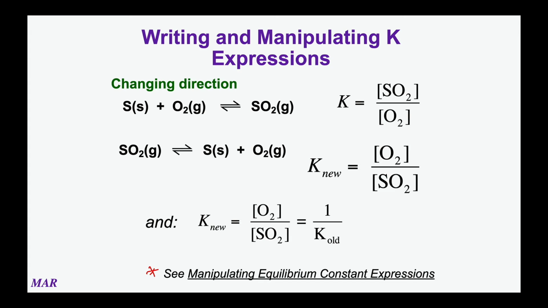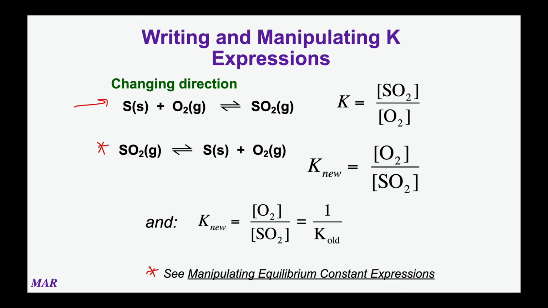But the real important message of this section is that if you are working on a lab, and you're thinking about it as sulfur dioxide breaking down to sulfur and oxygen, you're going to have some value of K. And maybe in my lab, I'm thinking about it as sulfur reacting with O2 to make sulfur dioxide.